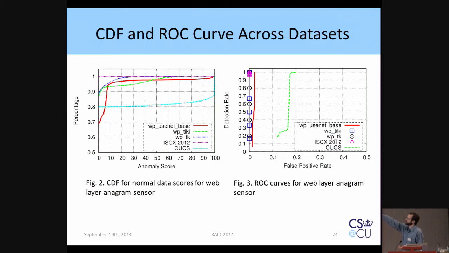In particular, the CUCS data set has a large number of normal requests that have at or close to 100 anomaly score, which you can see very clearly influences the ROC curve on the right, where the false positive rate is similarly significantly higher in that data set.